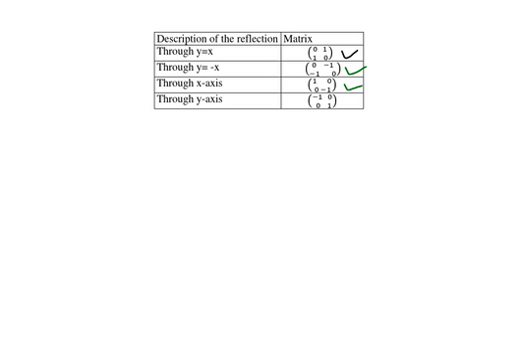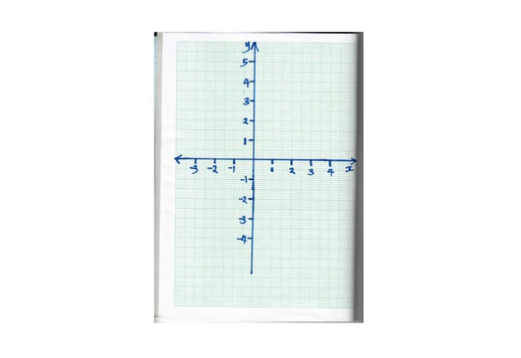So we have the first quadrant where we will use y equals x as the mirror line, and the second one we will use the x-axis.